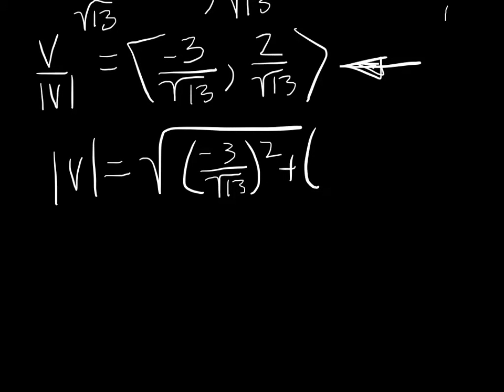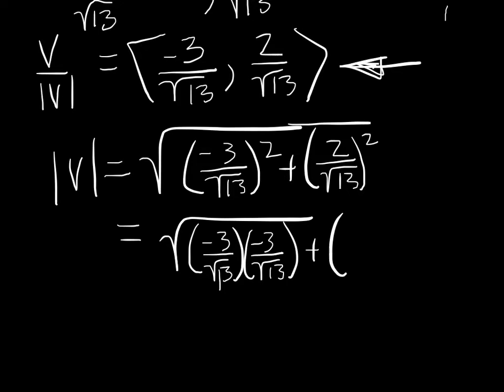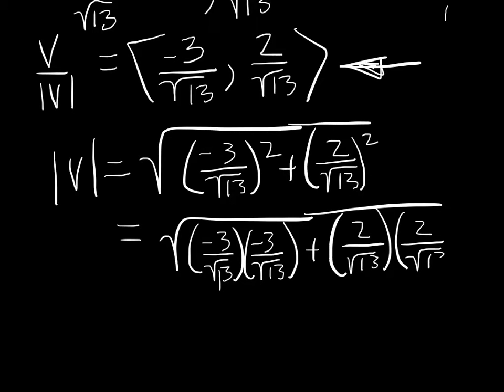I'm going to take the square root of my a component squared plus my b component squared. On a side note, this means -3 over the square root of 13 times -3 over the square root of 13 plus 2 over the square root of 13 times 2 over the square root of 13.